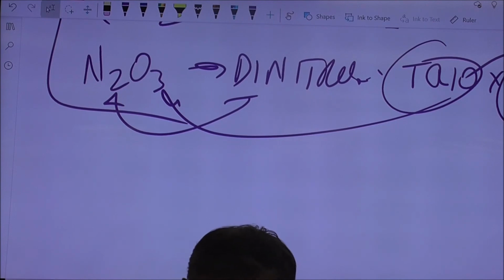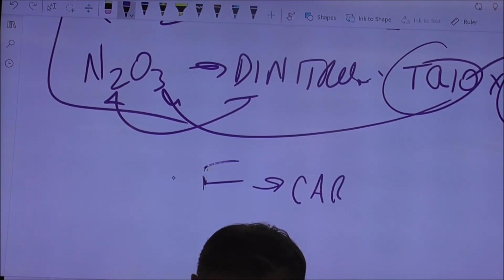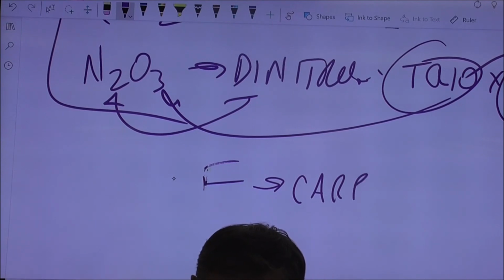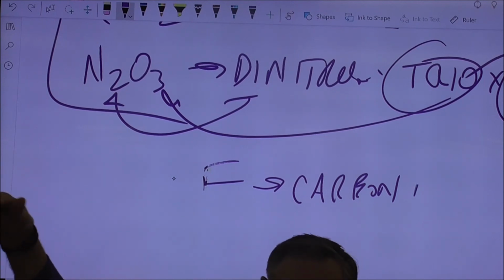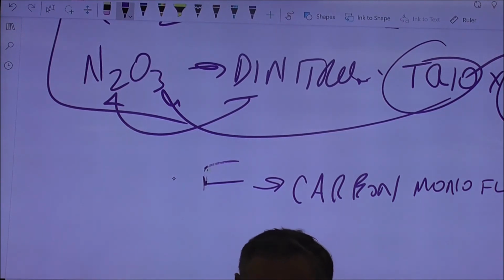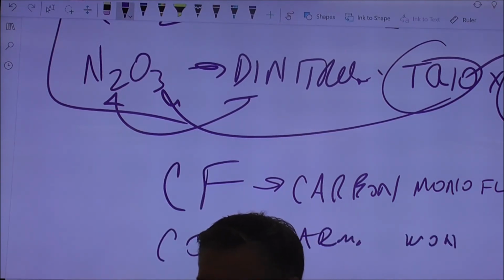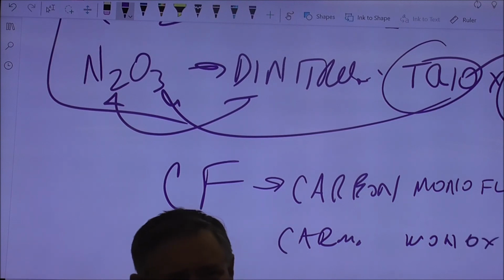Now here's what's different. CO is carbon monoxide. So when you have a non-metal, that second one, and it starts with like oxygen, don't call that carbon monooxide. Okay? It just doesn't sound right.